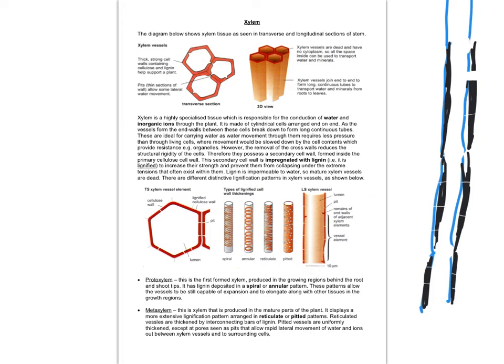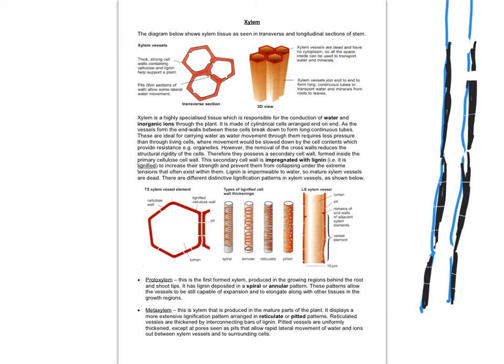They only transport water and the minerals that are dissolved in the water, so nitrates and phosphates and so on. They will transport the water and those dissolved minerals up from the roots, up through the stem and out to the leaves and so on. So they're lignified.